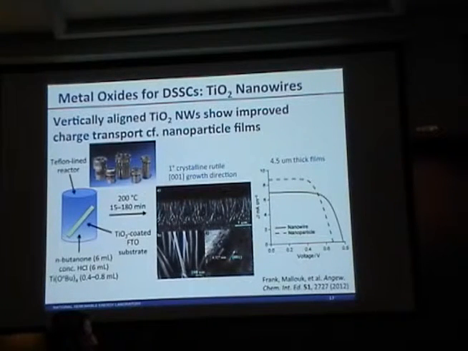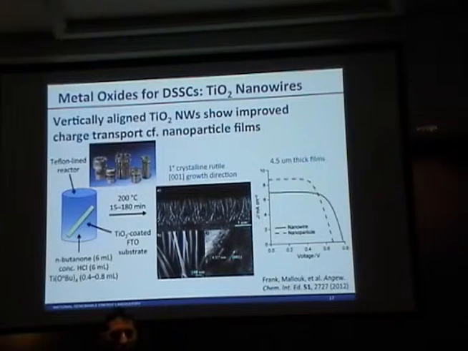There are various recipes that you can use to do this. I'll just highlight a recent one here, and you can see that they're comparable to their nanoparticle cousins. The key result here was that this was the first time anyone had shown that, as one would expect intuitively, if you have a single crystal wire where the axis is oriented along the c-axis, the 001 growth direction, you have transport that's faster than in the nanoparticle systems.